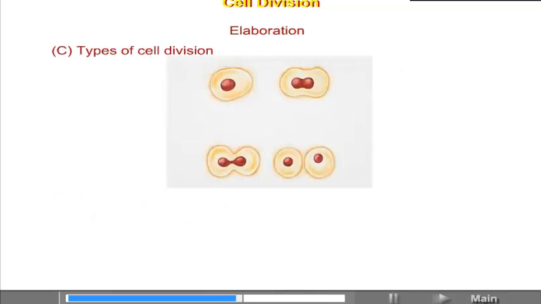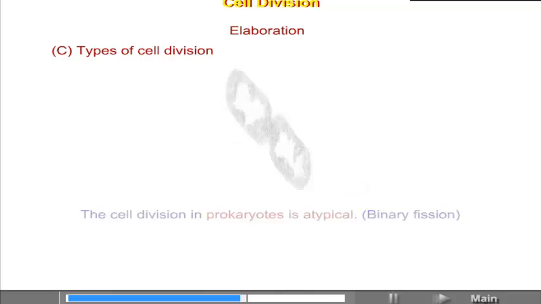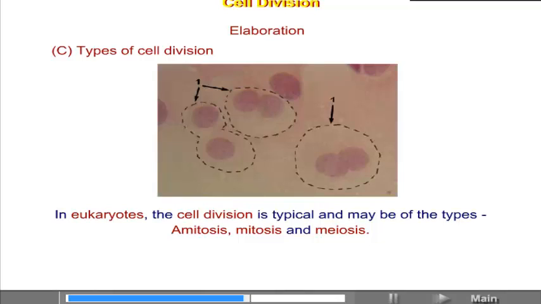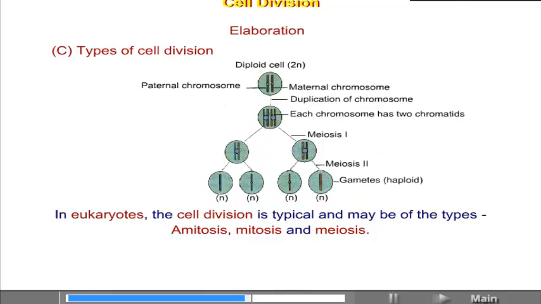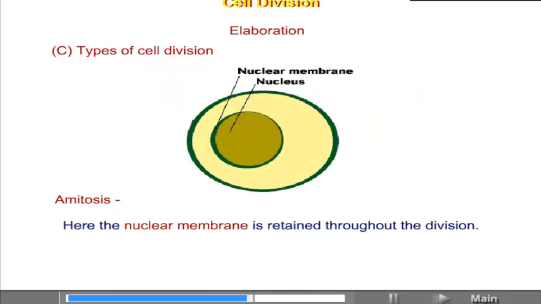Types of cell division. The cell division in prokaryotes is atypical, that is binary fission. In eukaryotes, the cell division is typical and may be of the types amitosis, mitosis and meiosis. Amitosis. Here, the nuclear membrane is retained throughout the division.